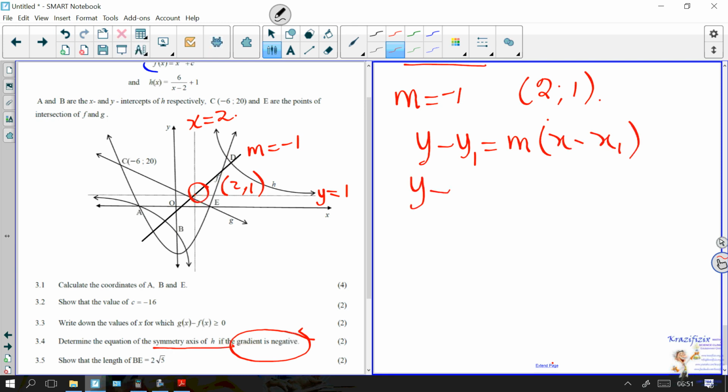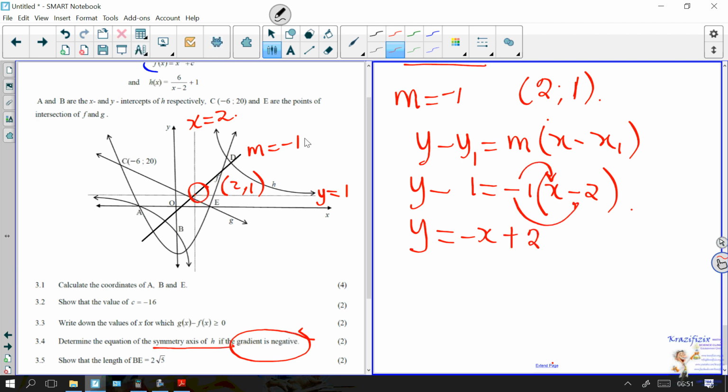Y minus 1, negative 1, times x minus 2. Let's solve this together. Y equals negative x, multiply, and then plus 2. Take that over plus 1. Y equals negative x plus 3. That's your equation of a straight line.